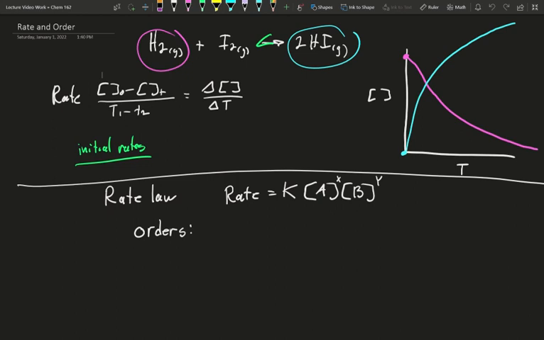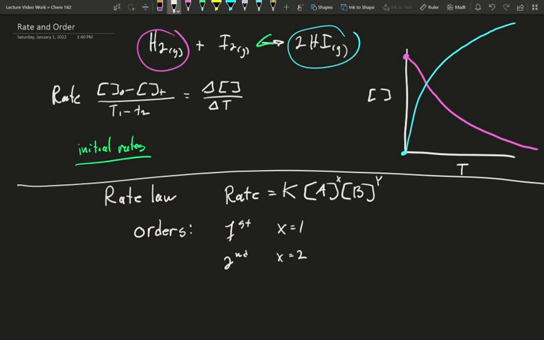Well, what can they come out to be? Well, a chemical can be first order, which just means its exponent is 1. So say X equals 1. It could be second order, in which case it would equal 2. It could be third, it can be honestly a half or negative.